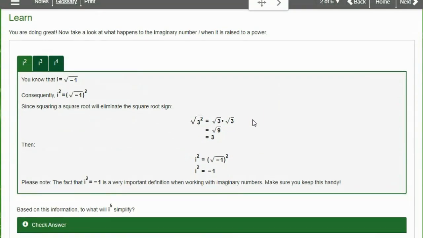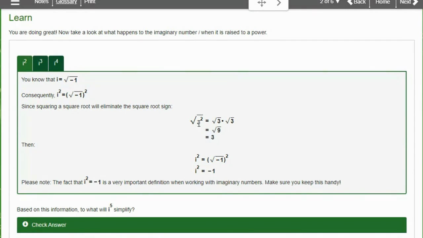All right, here's where we talked about i squared, because that's the same as the square root of negative 1 times the square root of negative 1. It uses an example that if you had the square root of 3 squared, that's the same thing as the square root of 3 times the square root of 3, which is the square root of 9, which equals just 3.